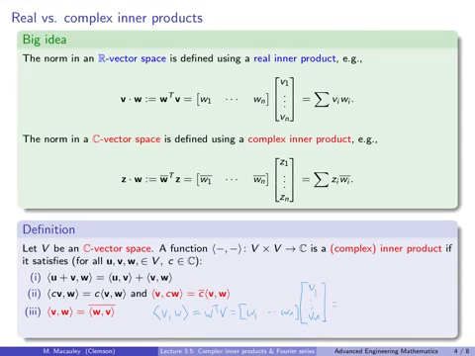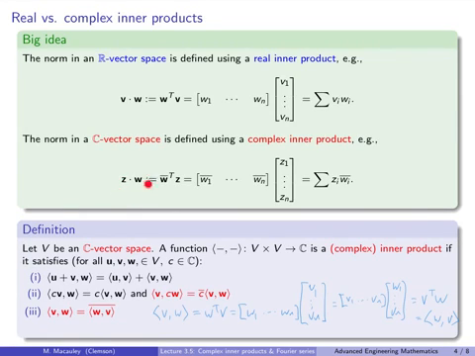And of course it doesn't matter. We can write this if we wanted to as v transpose times w1 up to wn. So this is v transpose w, which is w dot v. So things are completely symmetric in the real case. It doesn't matter what order you take the dot product.